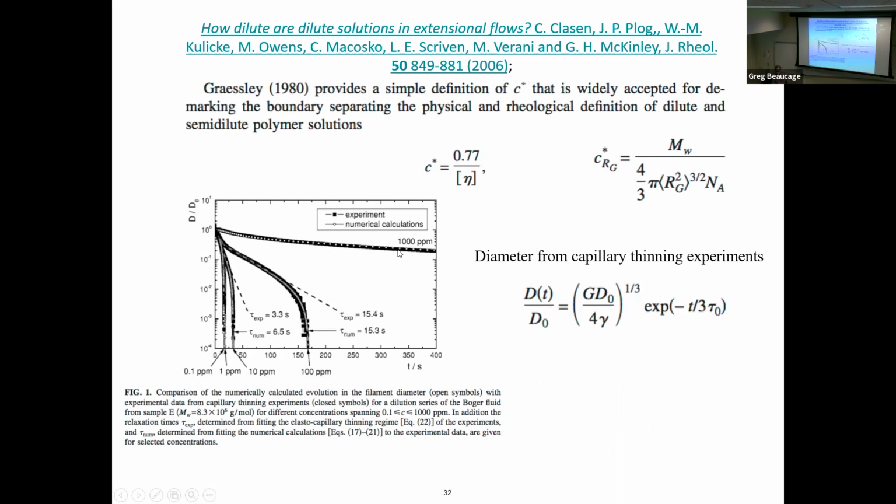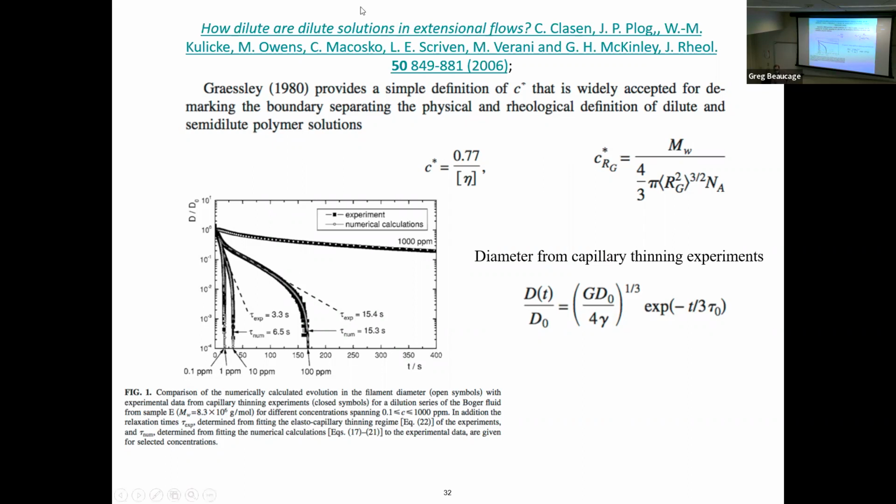So anyway, when the thing's flowing and you're deforming the molecules, the overlap changes. That's the theme of this. So if it's an unperturbed chain, it's got one C star. If the chains are stretched out, the C star drops significantly. You can get a point where they entangle.